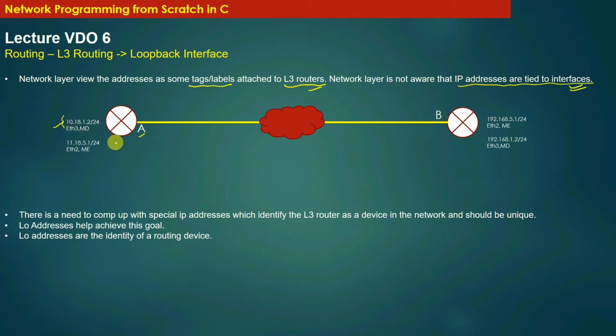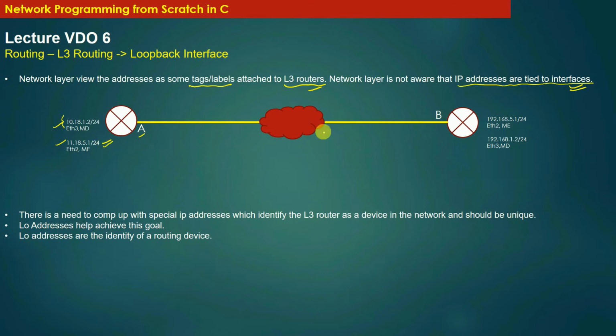Similarly, the network layer of the TCP/IP stack only knows that router A has an IP address 11.18.5.1/24 and it is assigned to some local interface of router A, but which interface? The network layer does not have this information.